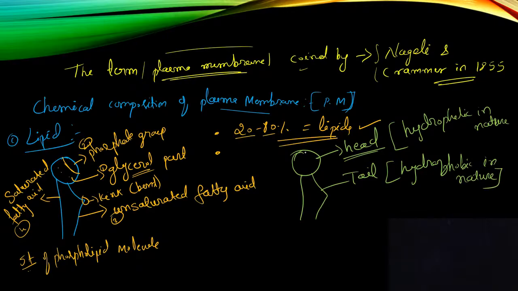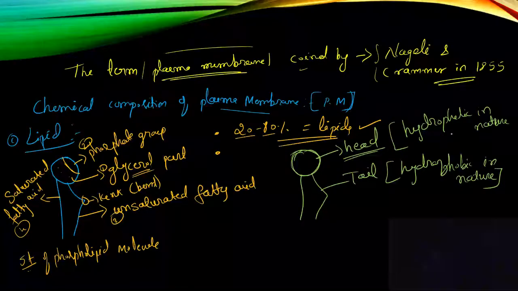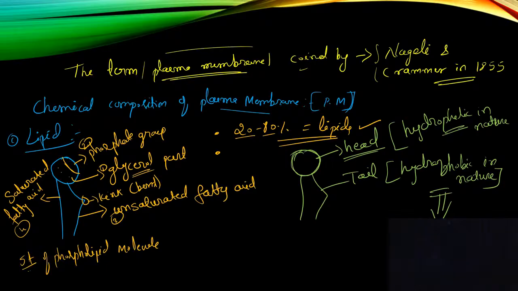Now the question arises: it is a single lipid molecule, but it has two parts, one hydrophilic and one hydrophobic. That's why the lipid molecule is called an amphipathic molecule, amphipathic in nature. And now the question arises, why is the tail hydrophobic and the head hydrophilic in nature?